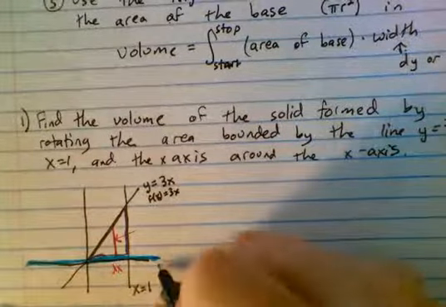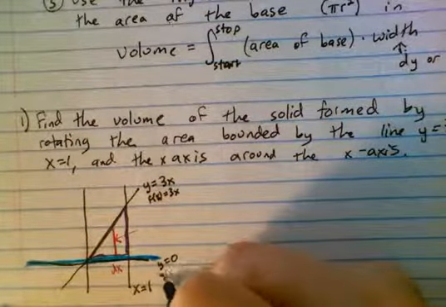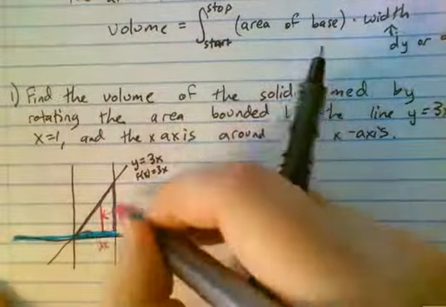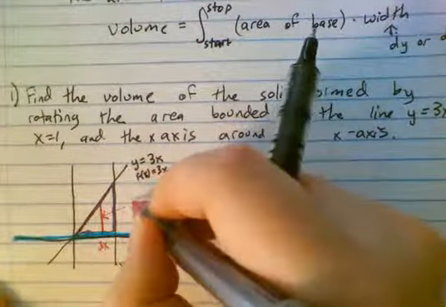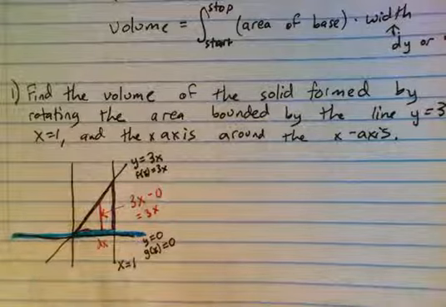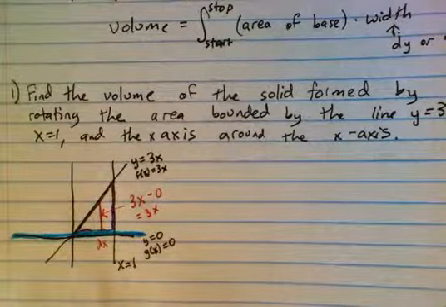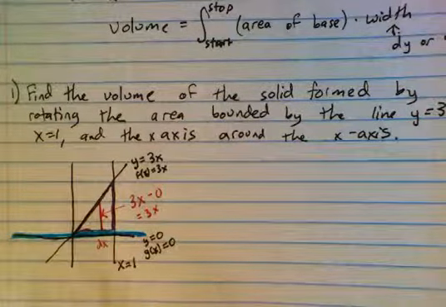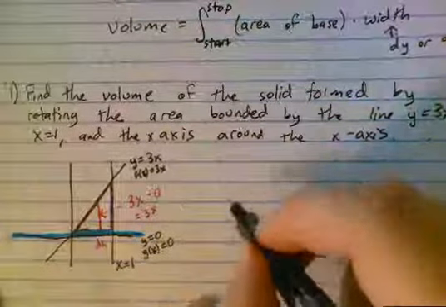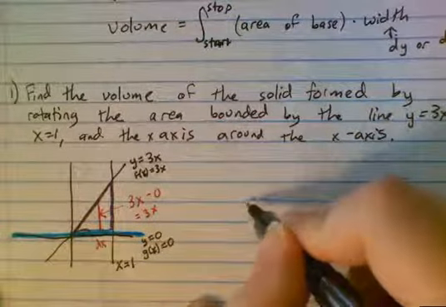This is the line y equals 0, which is the same as, let's call it g of x equals 0. So this height right here is the top one, which is 3x, minus the bottom one, which is 0, or just 3x. So now that I've got all those labeled, let's see what I'm doing with it. I know that I've got a dx, so I can set this up.